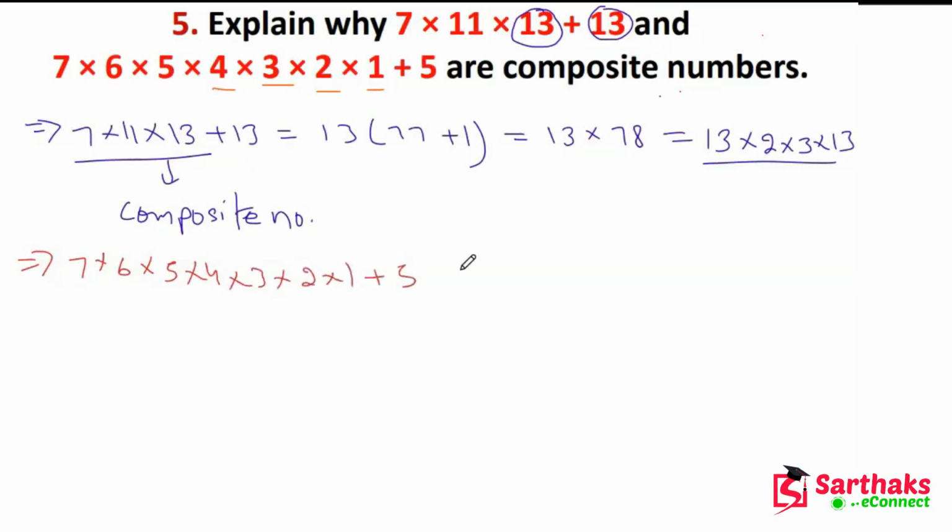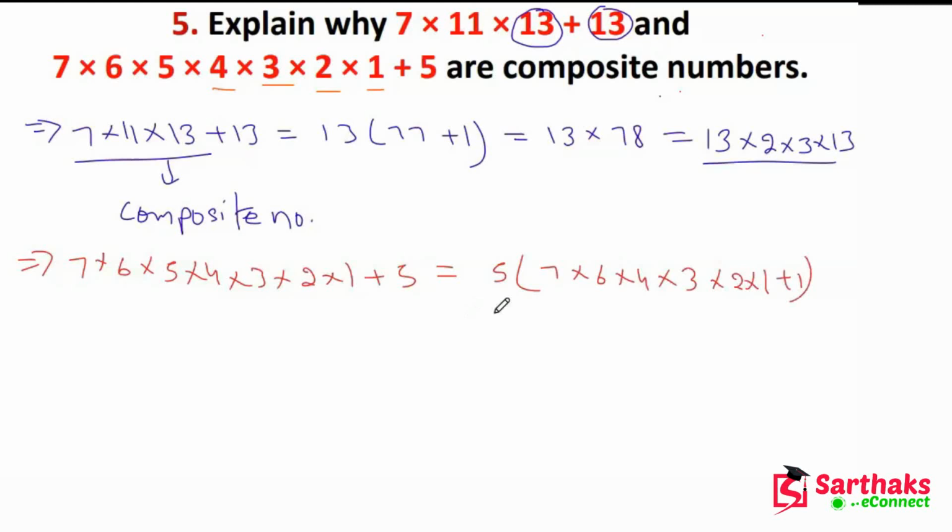Let's again take 5 as a common, and the result is 7 into 6 into 5, as 5 is gone in the common, here 5 does not come. Here we can write 4 into 3 into 2 into 1 plus 1.